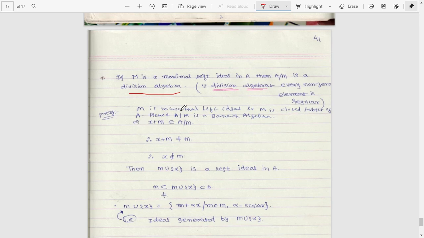Proof: M is a maximal left ideal, so M is a closed subset of A. Hence A/M is a Banach algebra.